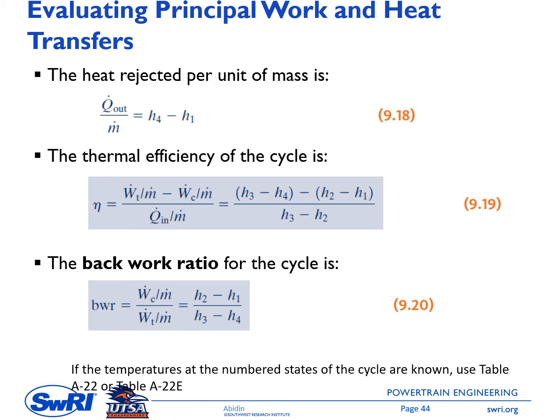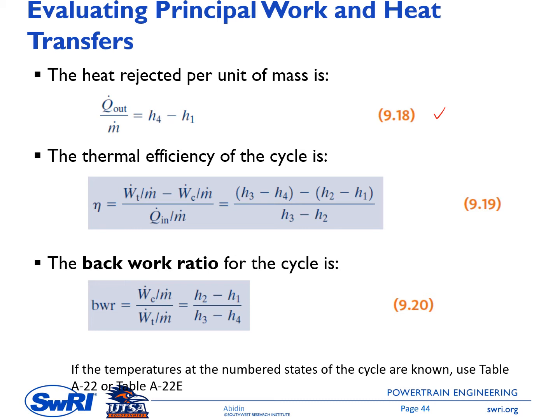And then the heat rejected per unit of mass, equation 9.18, Q dot out over M dot equals H4 minus H1. So this is also positive because H4 is higher than H1. And then the thermal efficiency of the cycle is the net work over the Q in.